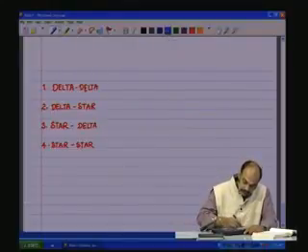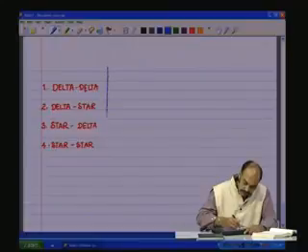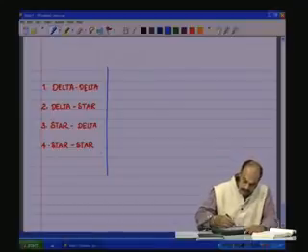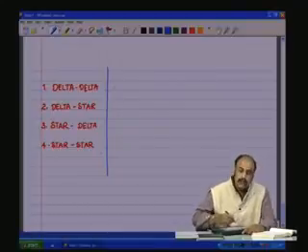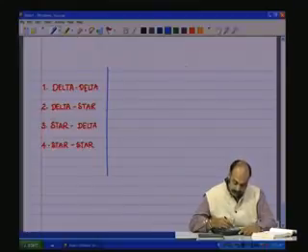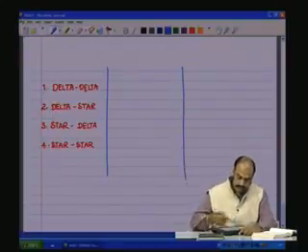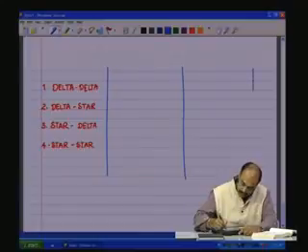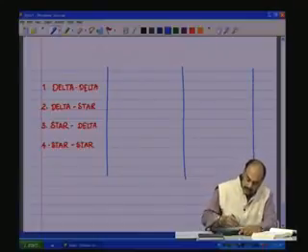So, let us summarize the relationship for the currents and the voltages on the primary and the secondary side. Let us draw these columns in this fashion to indicate that we are going to write down the relationship.